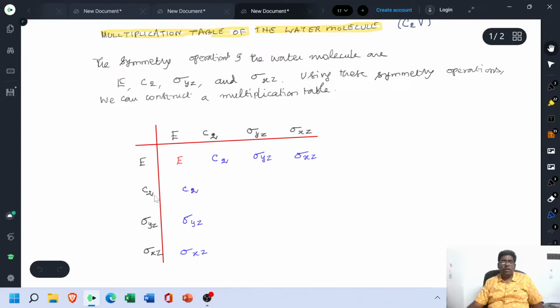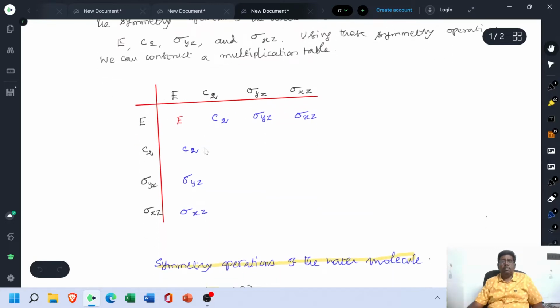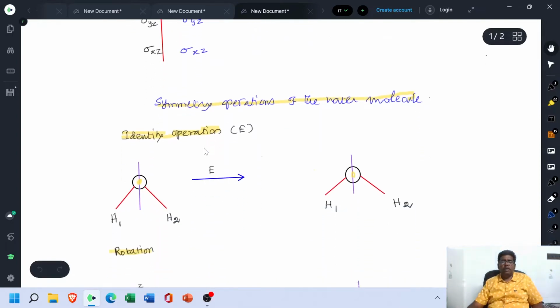Now we should calculate the values of C2 into C2, C2 into sigma yz, C2 into sigma xz. First we should find out the value of C2 into C2. Before that, we should know the symmetry operations involved in the water molecule.